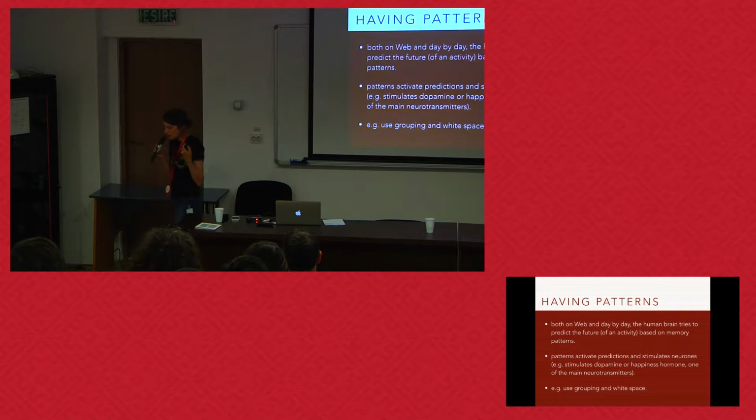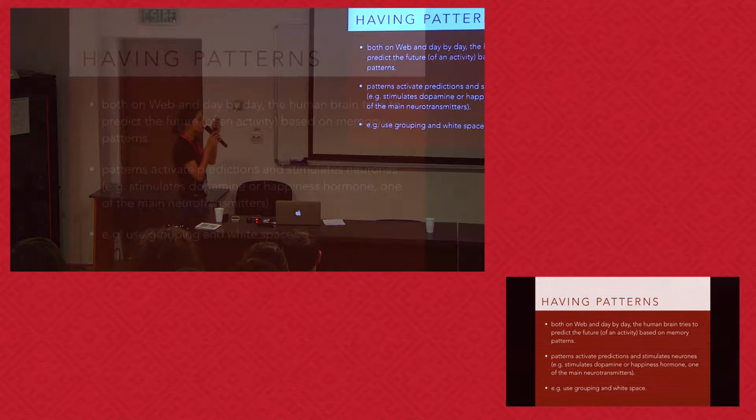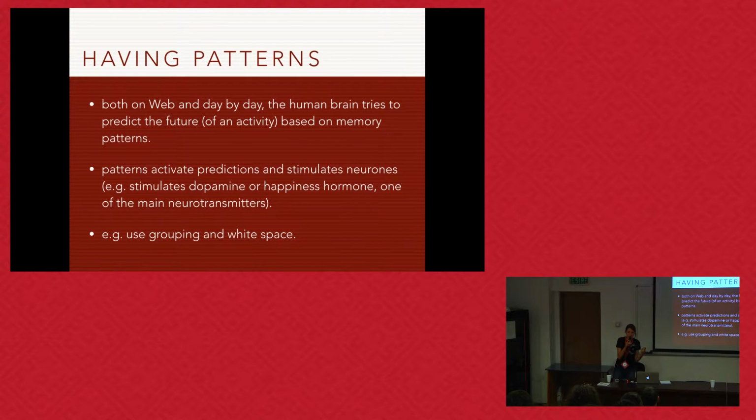So how can we offer our users some patterns? Use grouping, because our brain works with groups, with shapes again, and it's very important to find a very good order, like an alphabet, okay?